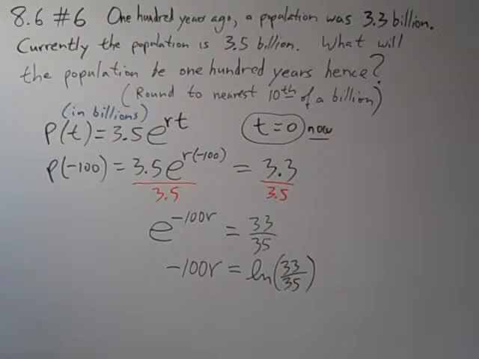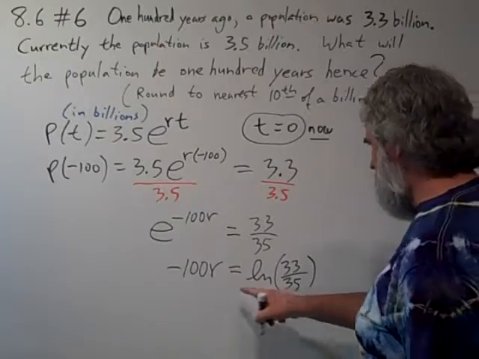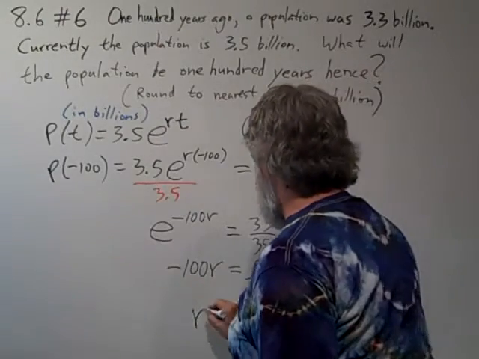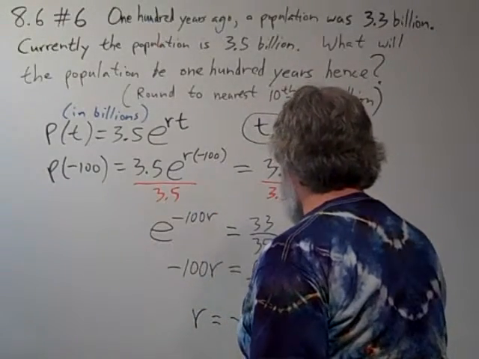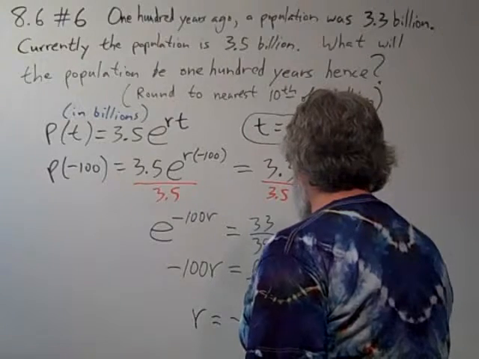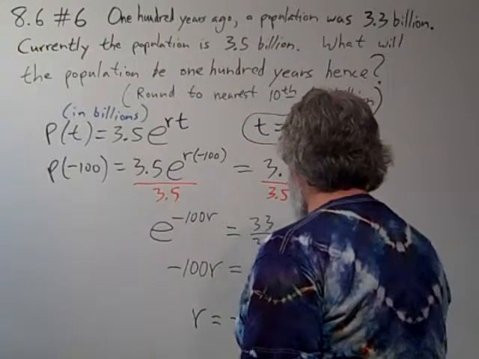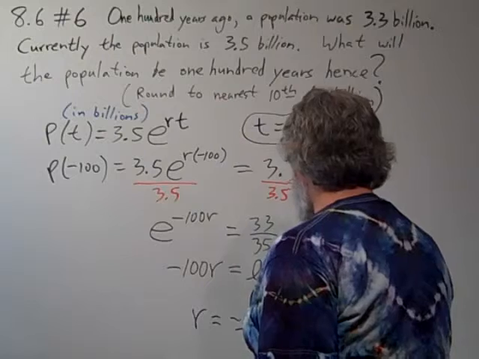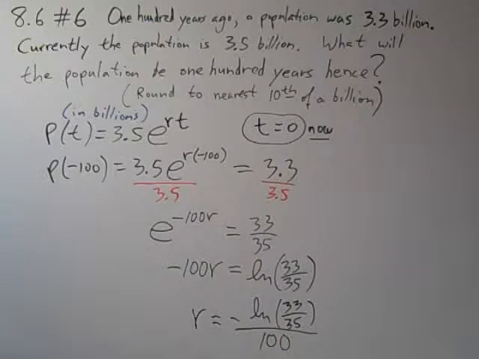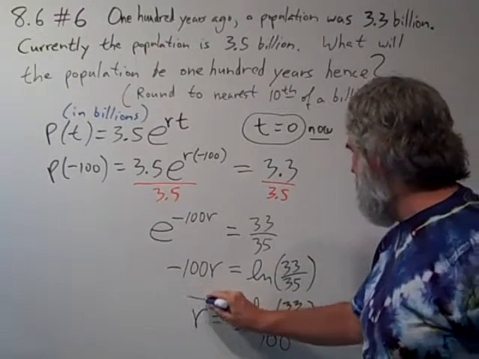This lets us solve for r. Dividing both sides by negative 100, we get that r is equal to negative the natural log of 33 divided by 35, all divided by 100. This is quite important to have solved for r here.